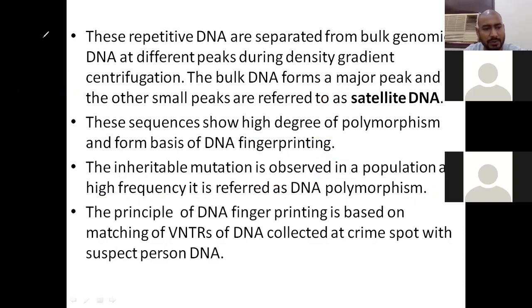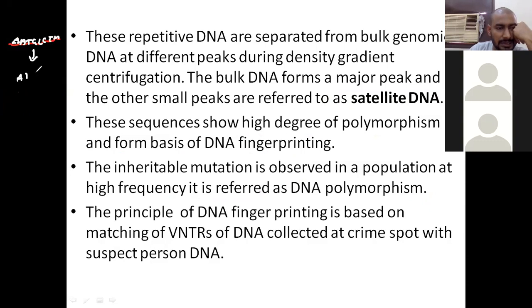What does this mean? Suppose this is the DNA molecule with A, T, G, C, T, A. This is the normal DNA. Next, a mutation takes place: A, T, Z, C, T, A. The DNA mutation takes place, and this mutation is inherited.